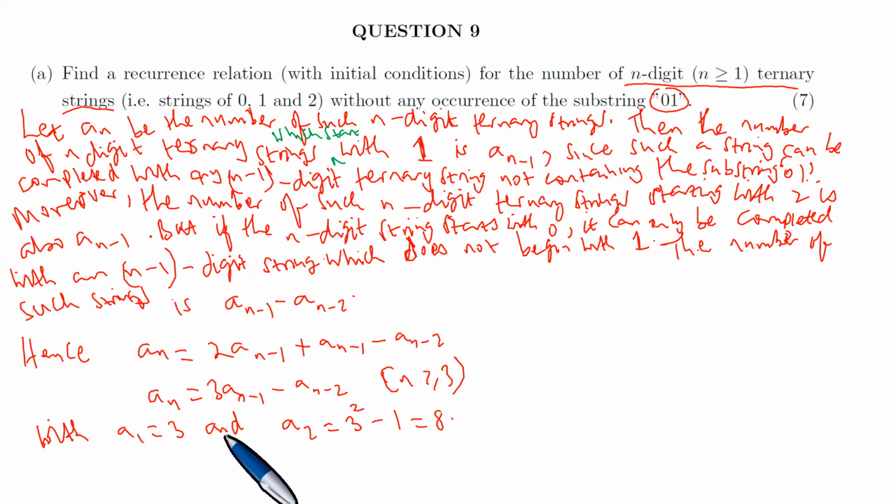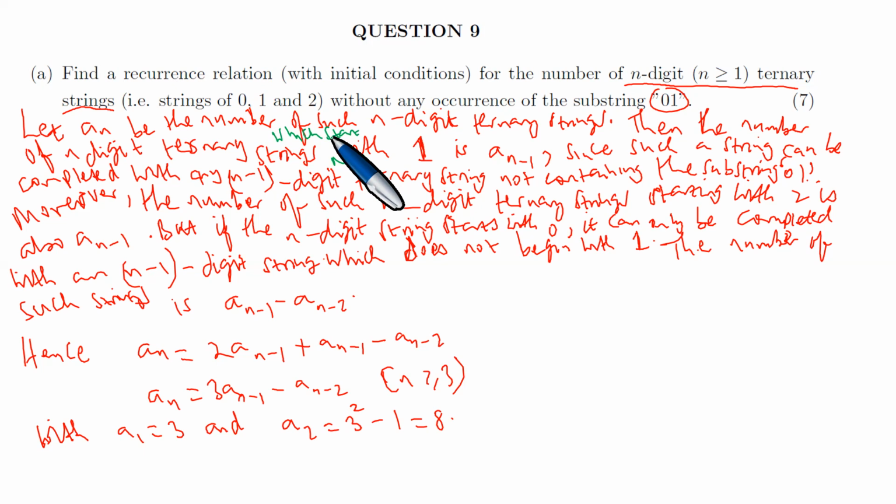How many 1-digit ternary strings? One digit can be either this one or that one. So there are three of them: 0, 1, and 2.